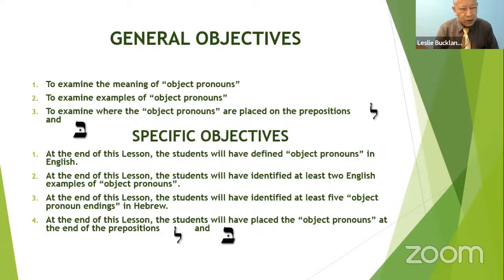Number 4, at the end of this lesson, the students will have placed the object pronouns at the end of the prepositions lameth and baith.